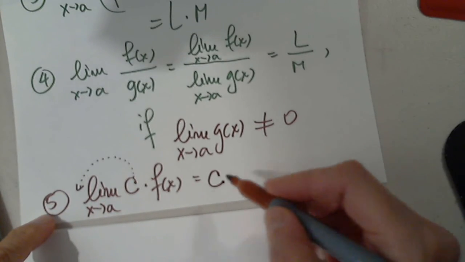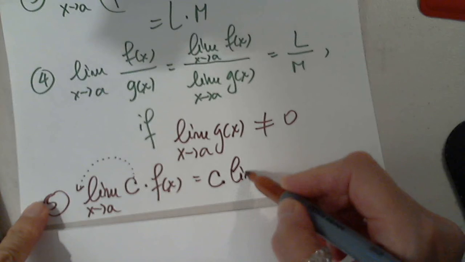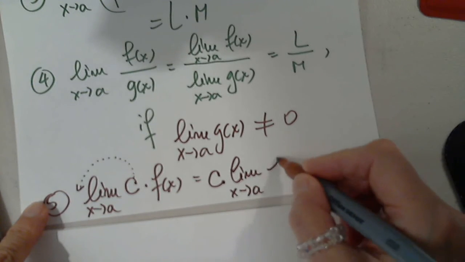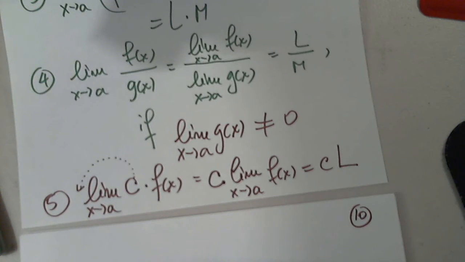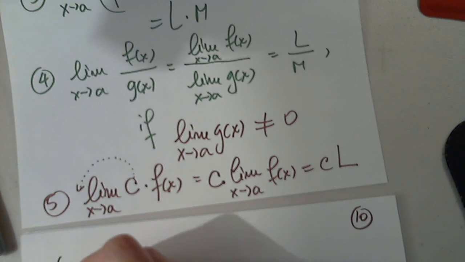So this is c times the limit as x approaches a of f of x, so this is c times L. Any questions so far? No. Number 6.